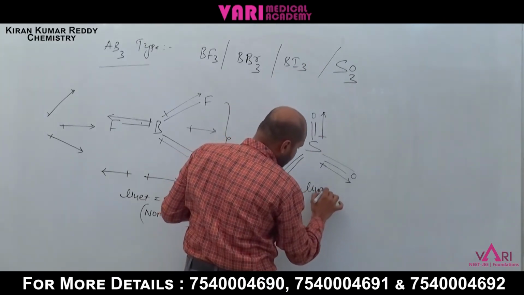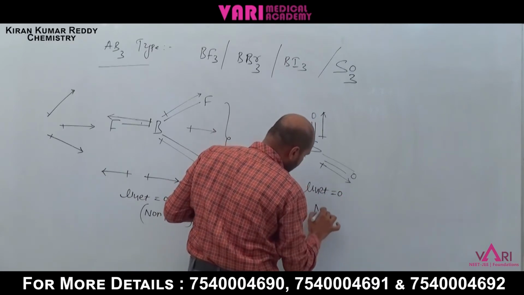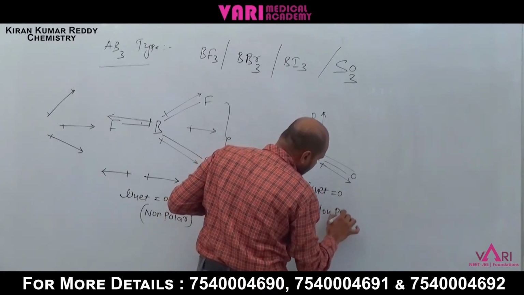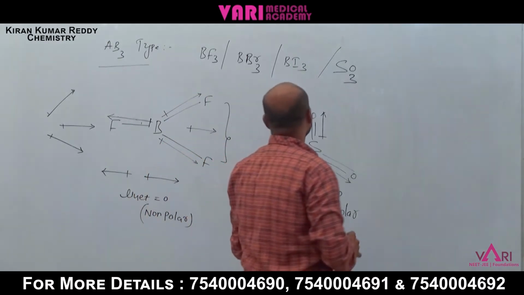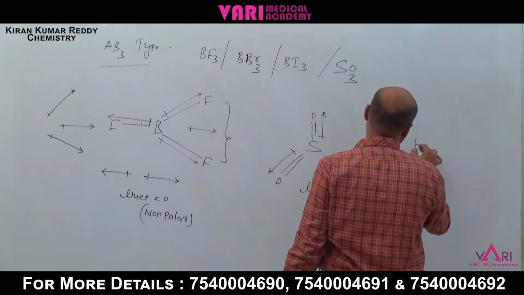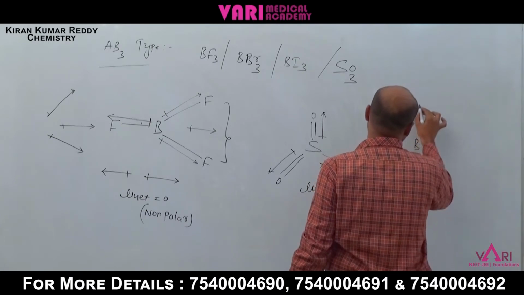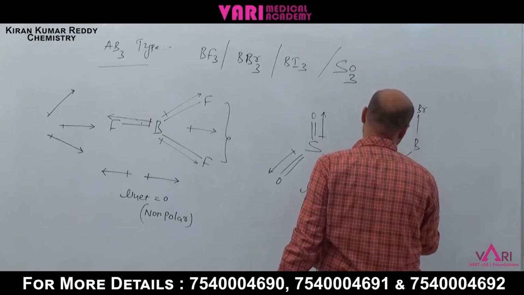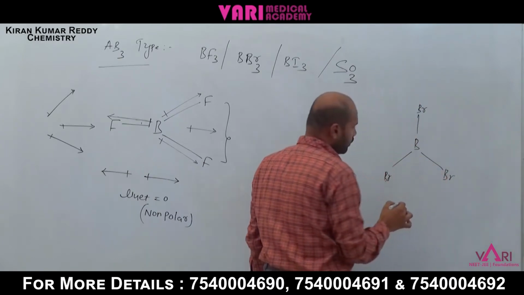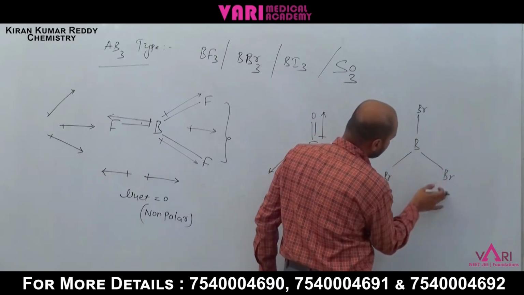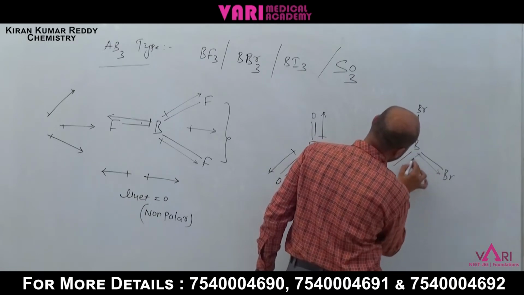Now mu net is equal to 0. That molecule will be non-polar. If you take BI3 or BBr3 also, if I am taking Br, here also Br bromine, here also taking bromine. Now what is the dipole moment, from less electronegative to more electronegative, from this to this direction?